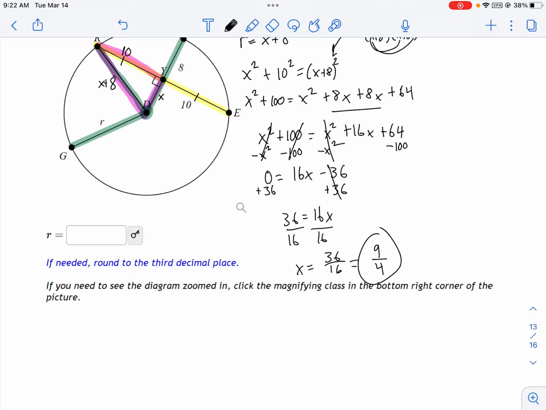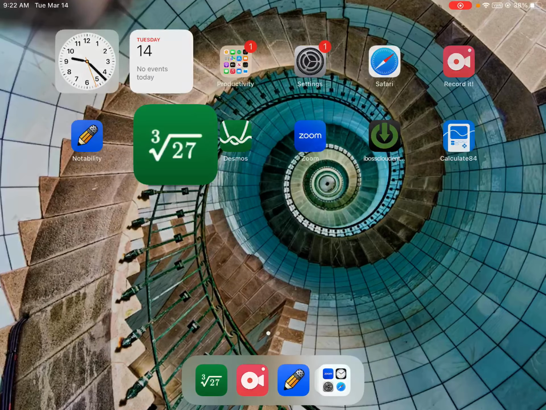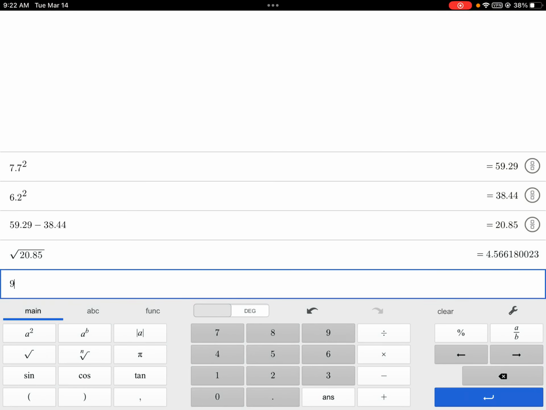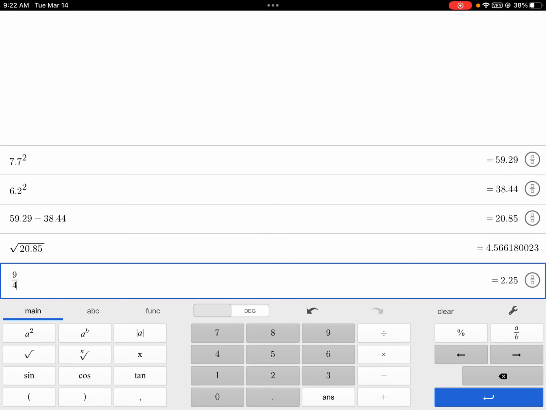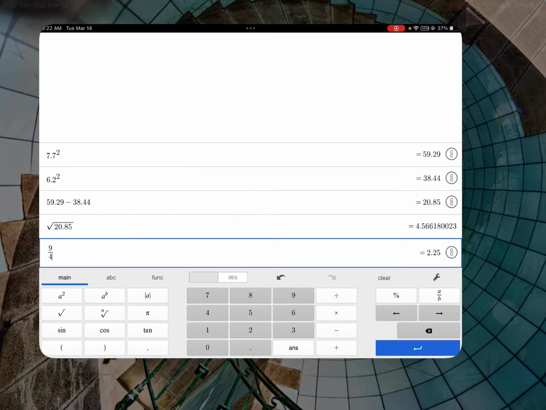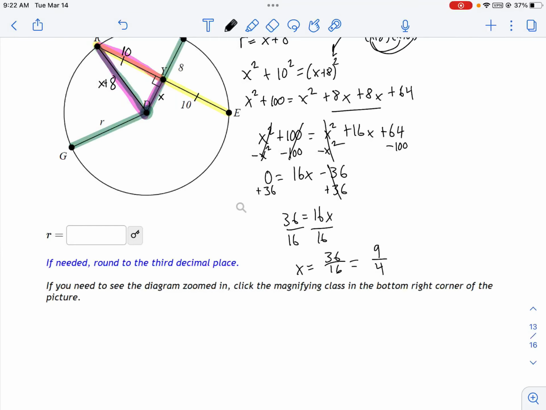It's looking for the decimal, so out with your calculators, and do 9 divided by 4, and we end up with 2.25. That's an exact decimal. There's nothing more we can do there, so 2.25 goes into your answer blank. Now, if we had more digits, then round to the third decimal place. Look at the fourth digit and say, does that round up or down? Add it to the third decimal place, or leave it alone. Okay? All right, so there you have it.